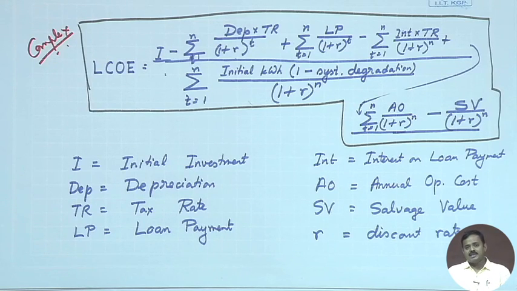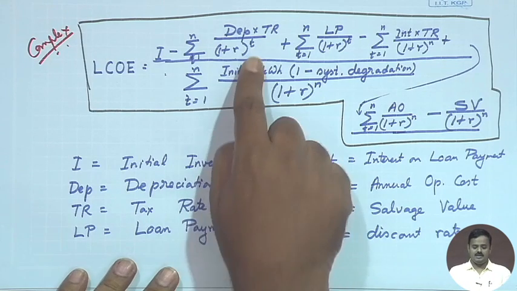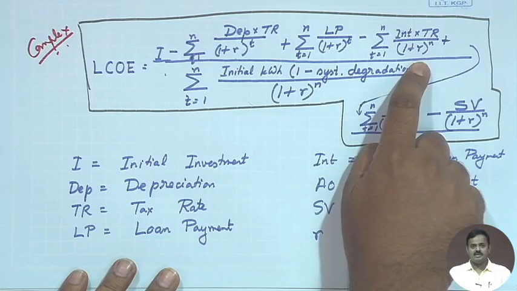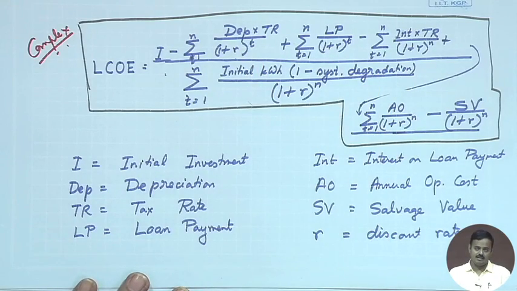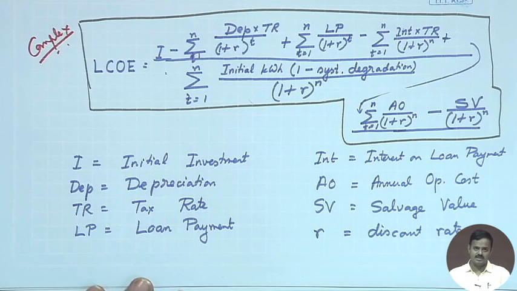If somebody comes and takes into account all this, the depreciation, the interest, and it shows that my cost is actually less, it does not take into account system degradation. So, that is one way.